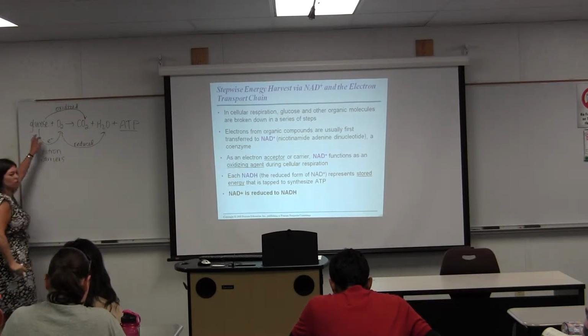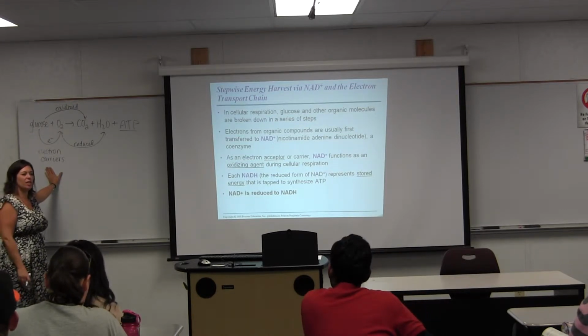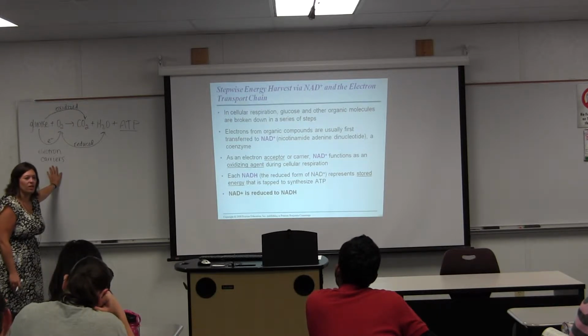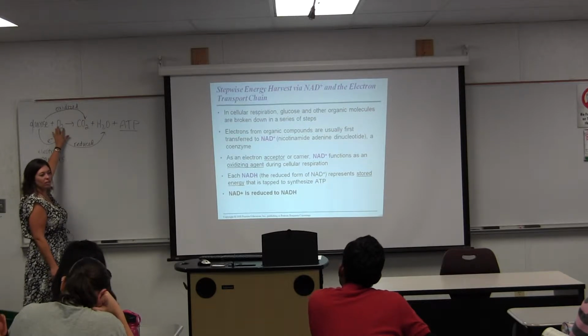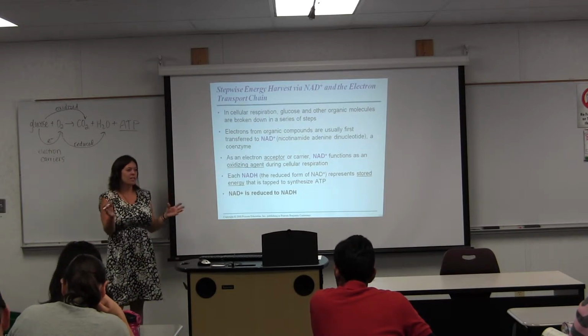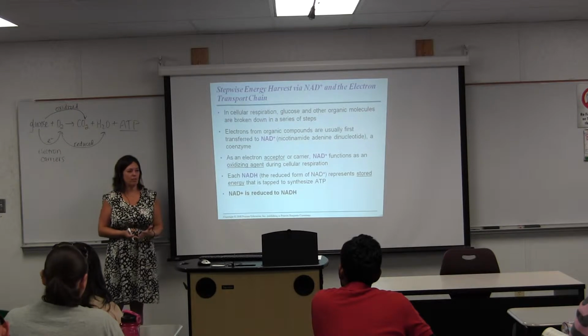So once the electrons are removed from glucose, they're going to jump in the cab, they're going to jump in the electron carrier, and it's that electron carrier that's going to take those electrons and then eventually give them to oxygen. And so there are different electron carriers, and over this chapter and the next chapter, we're going to run into 3 different types.